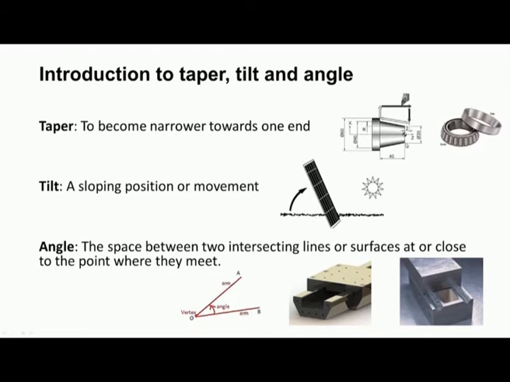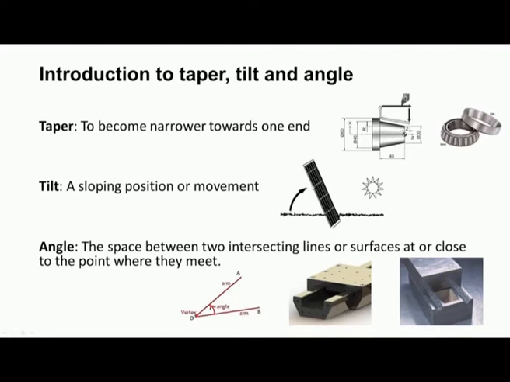At this particular location the diameter is 30 millimeter. That means the size is getting narrowed towards one end. Such components are called tapered components. You can see one example here, a tapered roller bearing.